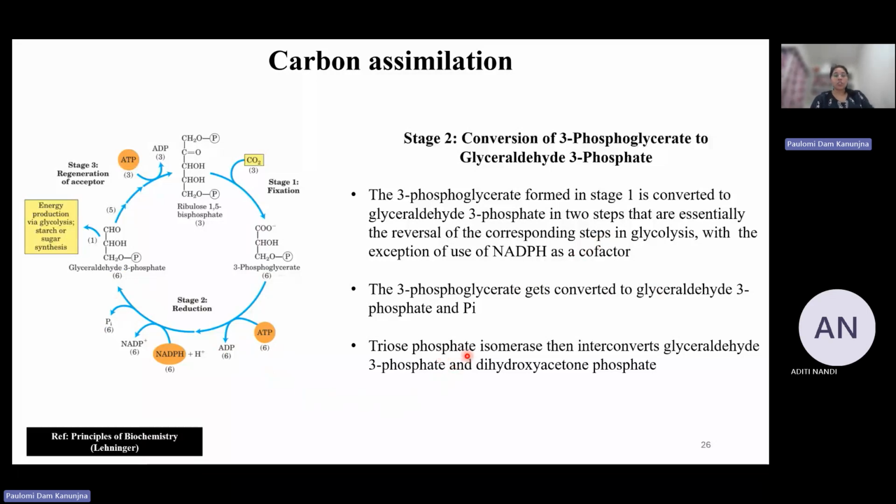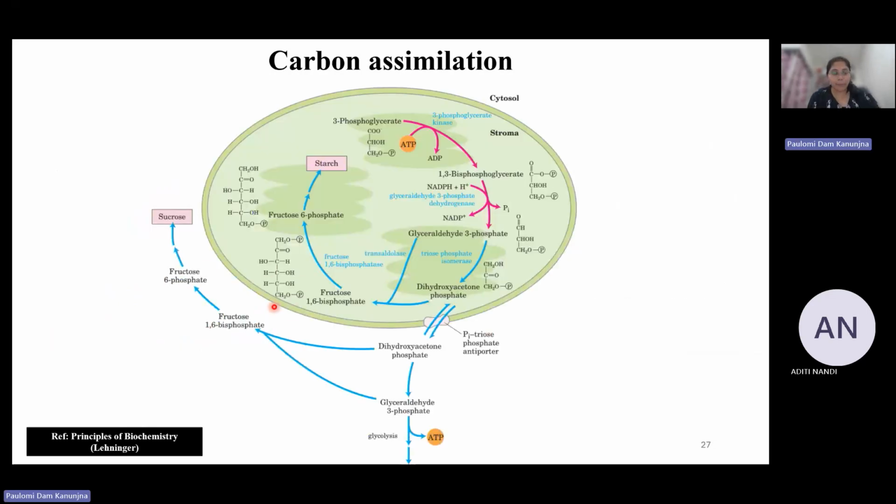Then triose phosphate isomerase converts glyceraldehyde 3-phosphate into DHAP and glyceraldehyde 3-phosphate. After this, it becomes relatively simpler to understand. So 6 3-phosphoglycerate gives you 6 glyceraldehyde 3-phosphate and 6 inorganic phosphate. That's the stoichiometry here.